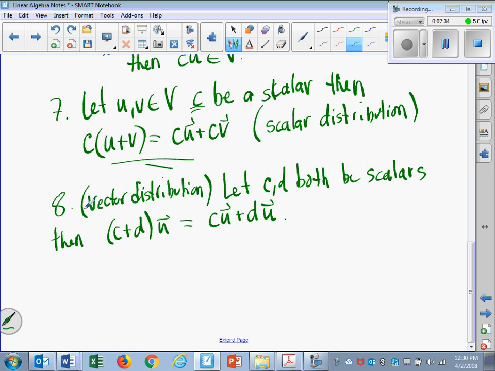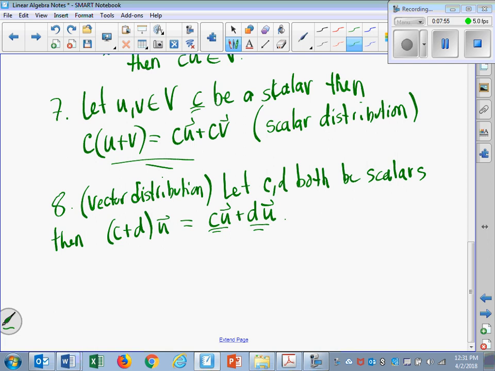Which again feels very intuitive, but it's something that needs to be stated here for a vector space to actually be a vector space. So we have to be able to add scalars and then stretch that vector u by the sum of scalars, or you could just stretch each one and then add the stretches together.